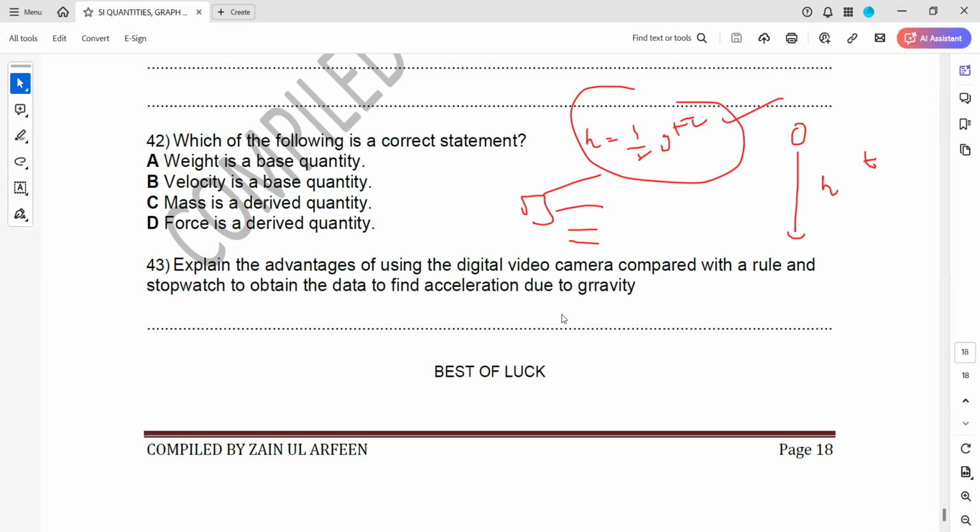It can be paused or played back, and we can check the values as well, and we can zoom in to the scale to work out the positions. And we can have more readings in a short time, or simultaneously we can drop different objects from different heights and record their motions. That can also be done. Is it clear, this one?